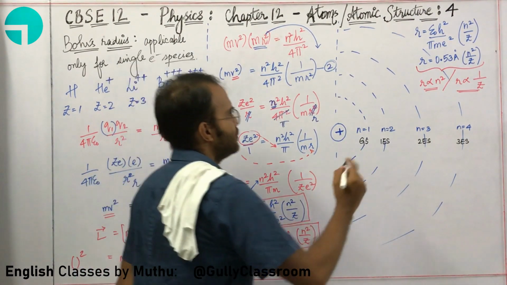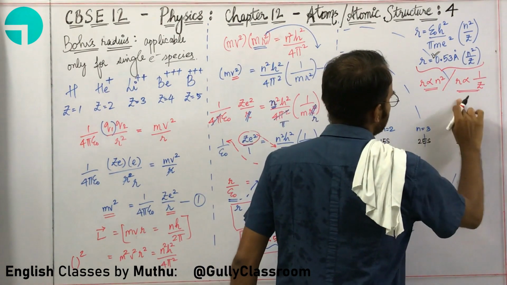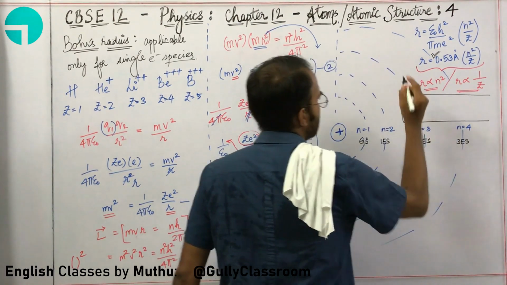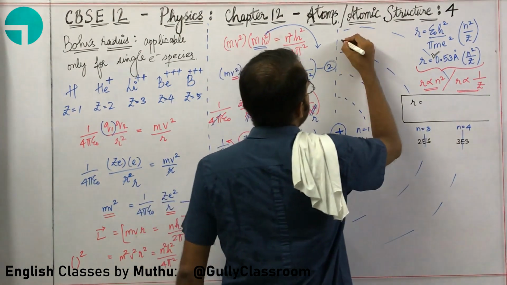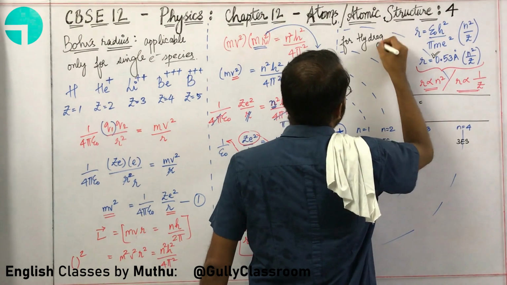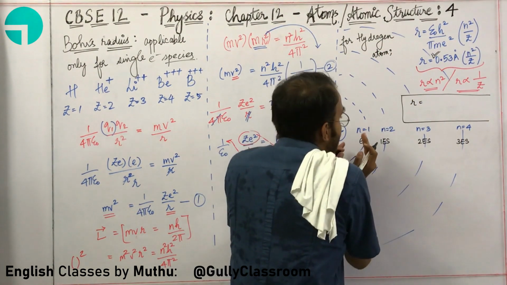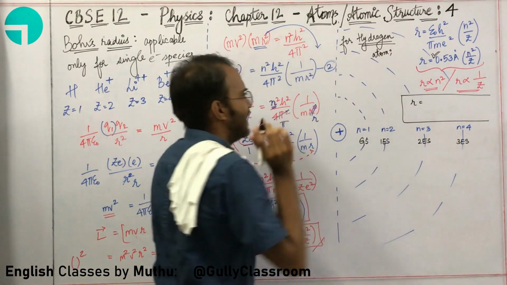We will use this particular formula. Can I use this formula within this box? Okay sir. Here, the entire calculation can be analyzed for the hydrogen atom, with respect to Bohr's orbitals in the hydrogen atom.